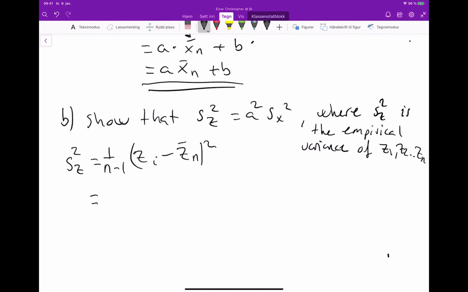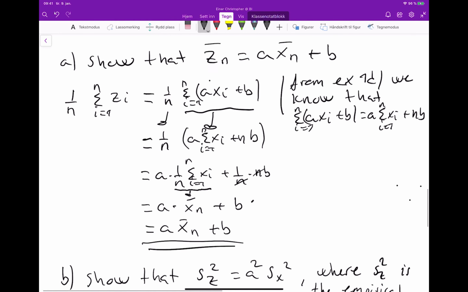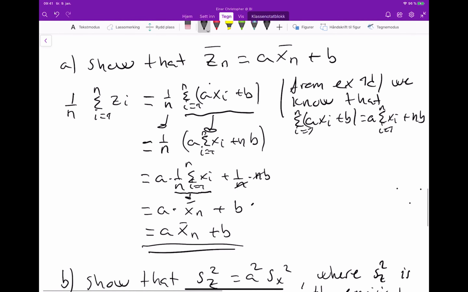And we know from exercise 2a that zn bar is equal A xn bar plus b. We see this here.